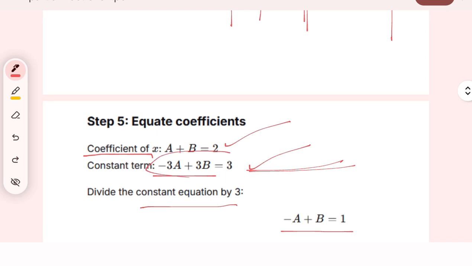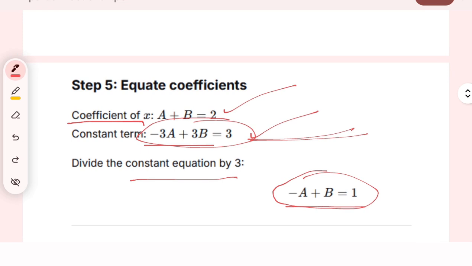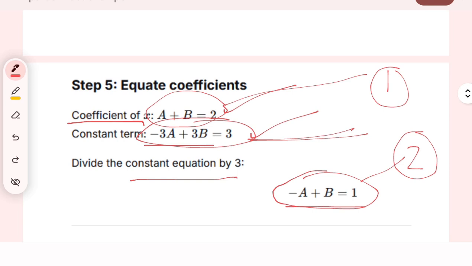So we divide everything by 3, and we are left with negative a plus b equal to 1. So we have here our equation number 1, which is a plus b equal to 2. Equation 2 is minus a plus b equal to 1.